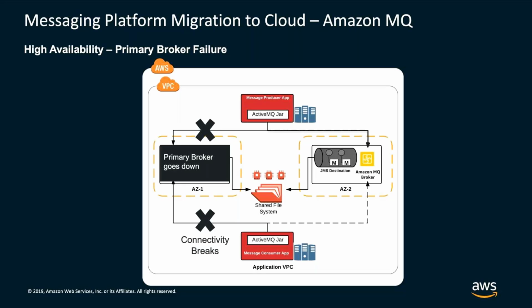And the wire protocol that ActiveMQ uses between the application as well as the broker immediately identifies that the connectivity is broken, and it switches over to the standby broker. And basically, you don't need to make any change in your application configuration for that. It happens automatically. So this is the scenario.